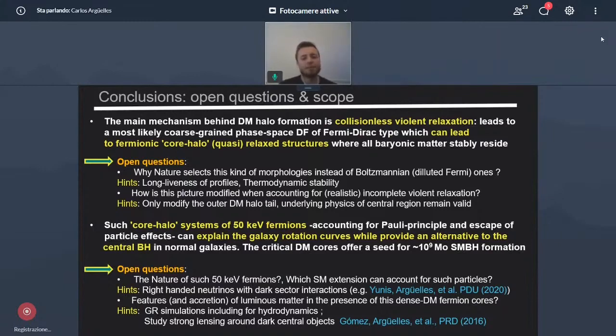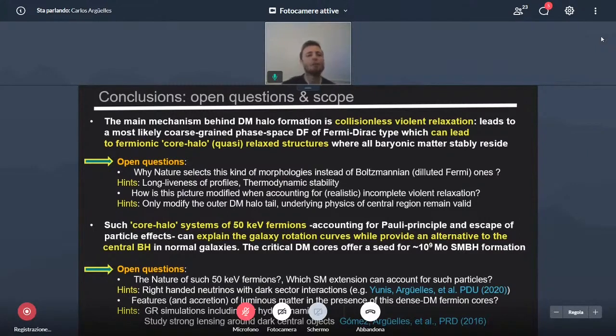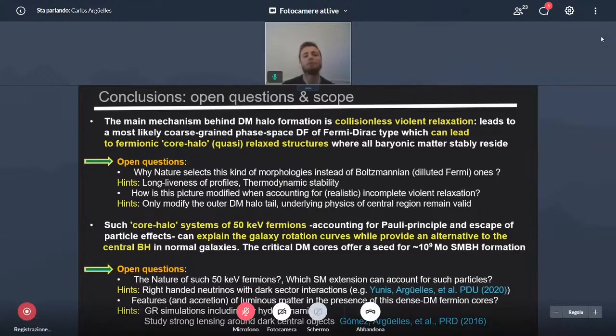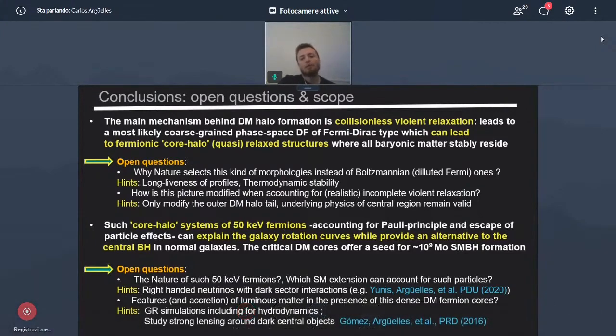Well, some answers can be given by thermodynamical stability analysis, because there is some work showing that core-halo structures are more likely to arise than simply dilute ones, because they are more long-lived and likely to form. But these are open questions. Then, what about incomplete binary relaxation?